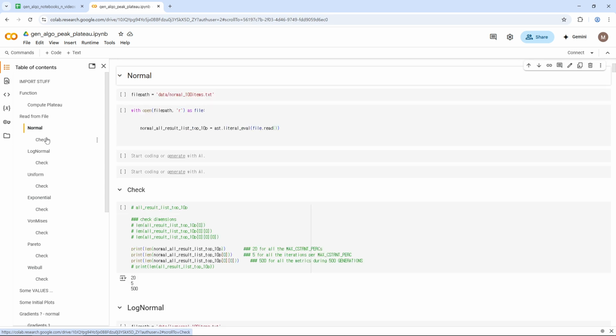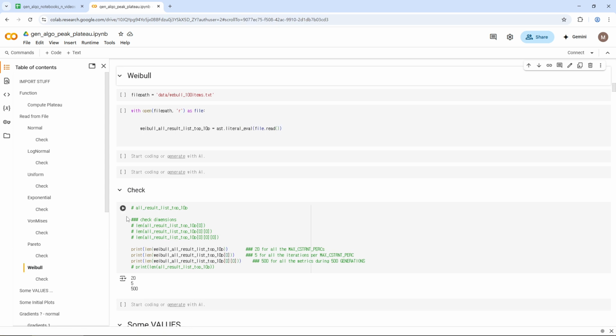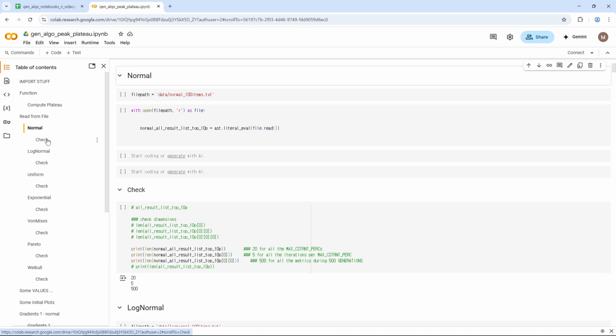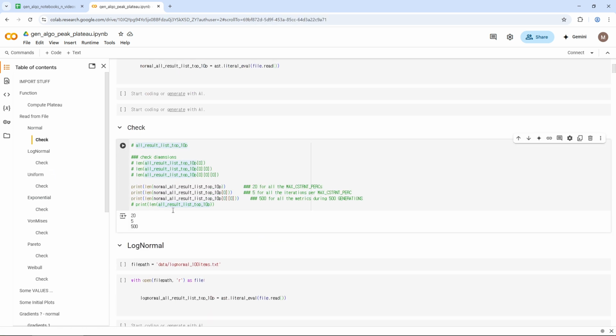So I read in all the 7 files, each from the normal distribution, log normal, uniform, exponential, von Mises, Pareto, and variable, and I just check their lengths for now. This is another way for me to check the dimensions.